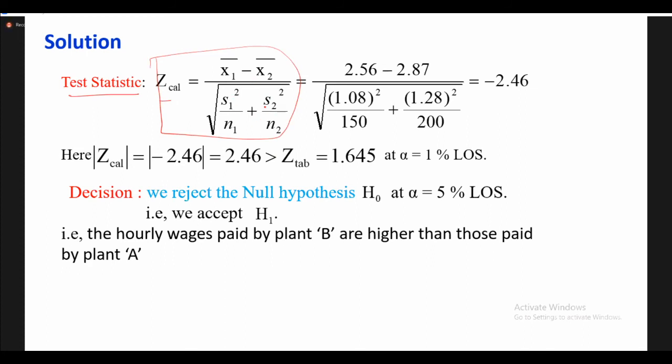Sigmas are not known. We know all these values. Just substitute and simplify, you can get the value. So if you understood that concept, easily you can score in this unit.